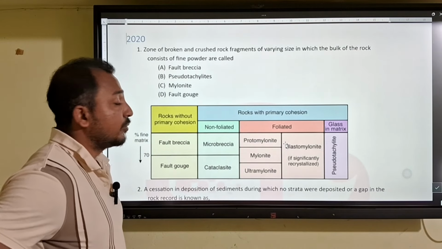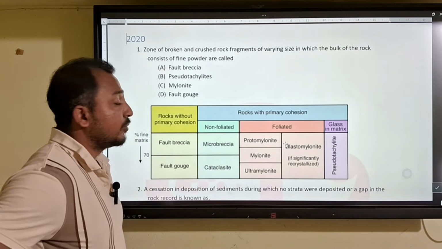These types of rock are basically found in your faulted region or faulted terrain, along the fault planes. These are called as your fault rocks. A broken rock means brittle. The bulk of the rock consists of fine powder, that indicates matrix.